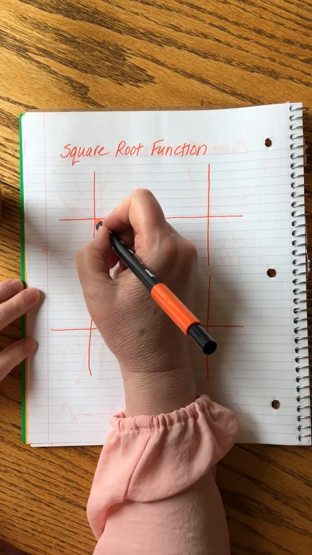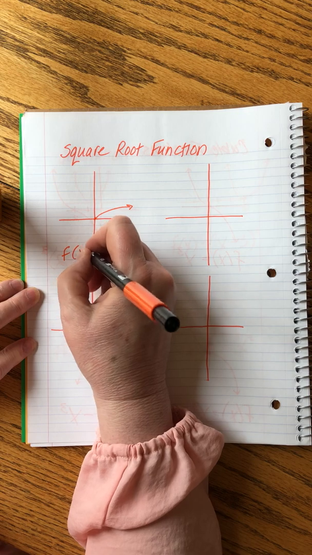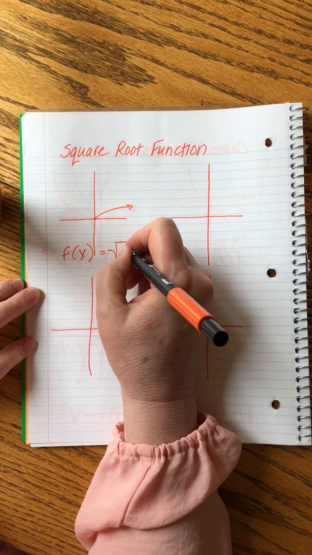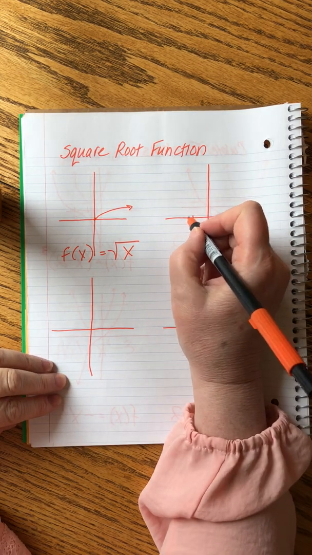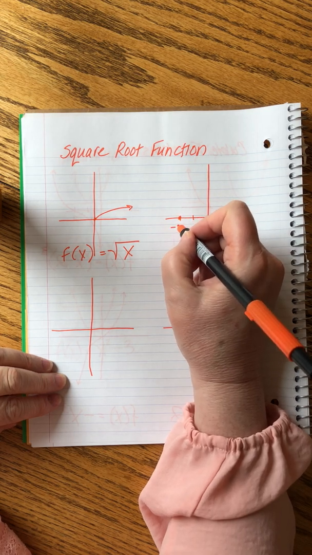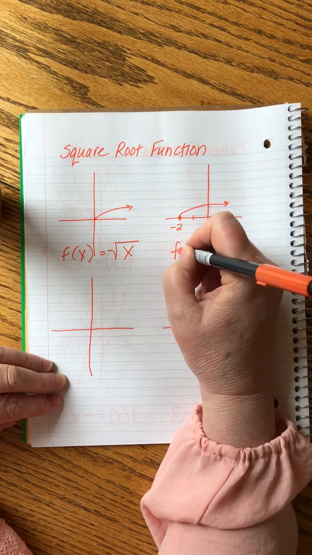Okay, our basic square root function looks like this, and we said it was an equation that looks just like that. All right. Well, let's try moving it this way on the x-axis this time. This is minus 2. How would we write this?